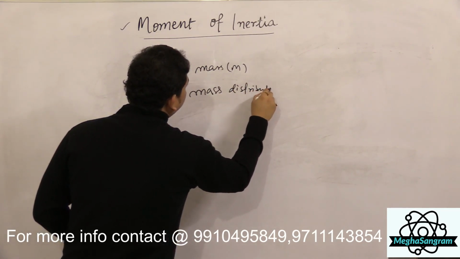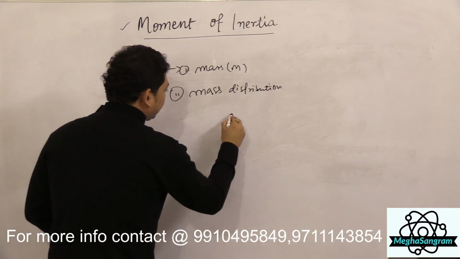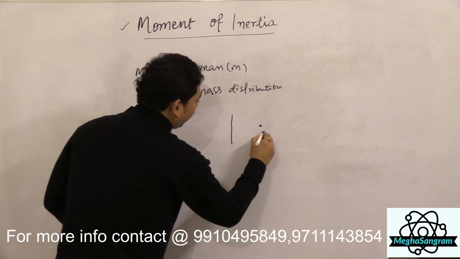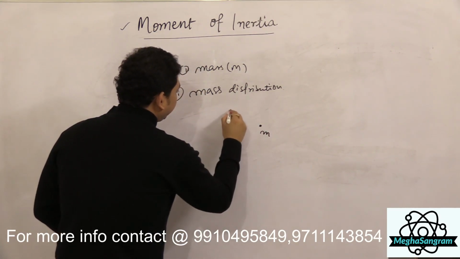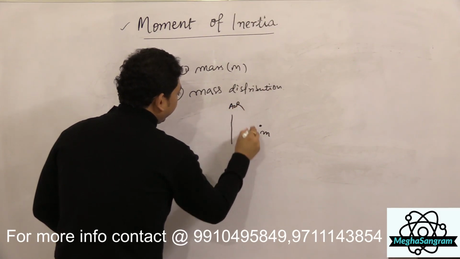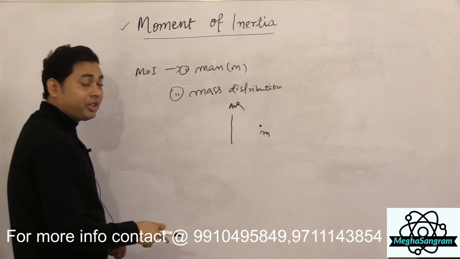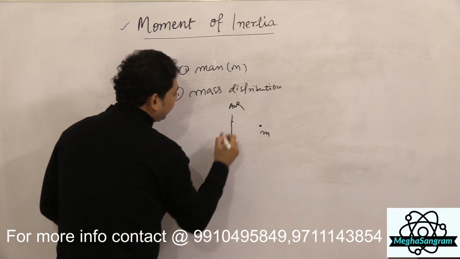So if I have to calculate the moment of inertia of a point mass about a given axis of rotation, let's say this is the point mass m and this is the axis of rotation, and this point mass is revolving around this axis of rotation in such a way that its center is lying on the axis of rotation.